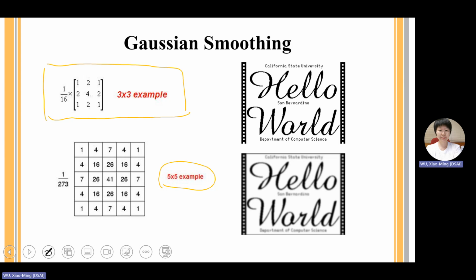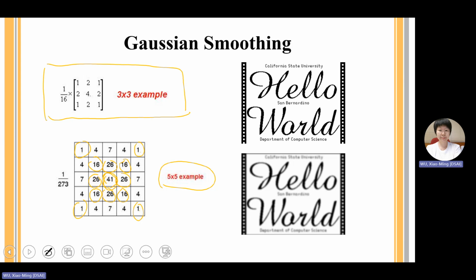And you can observe the weight. The largest weight is at the center. The weight decreases with respect to the distance to the center. These four pixels are the most distant from the center, therefore they have the smallest weight.